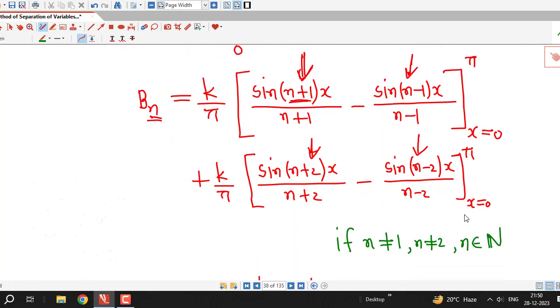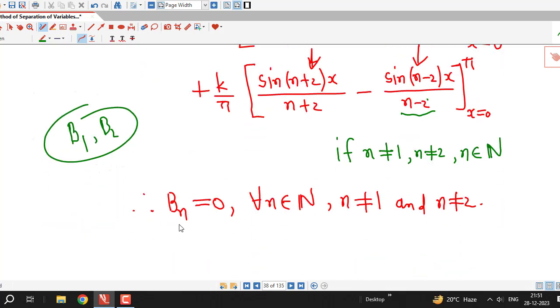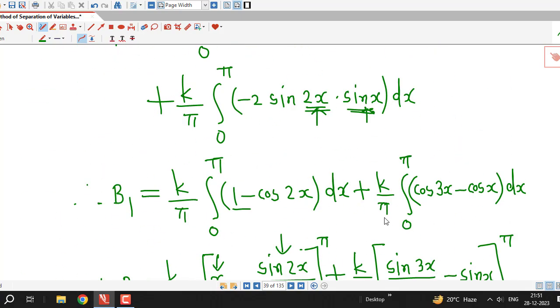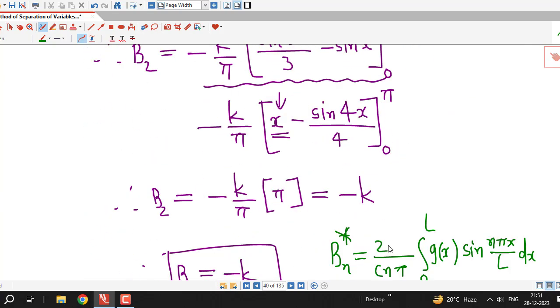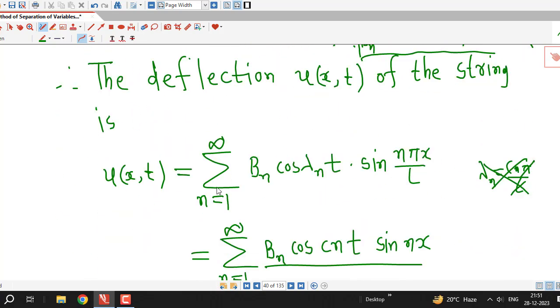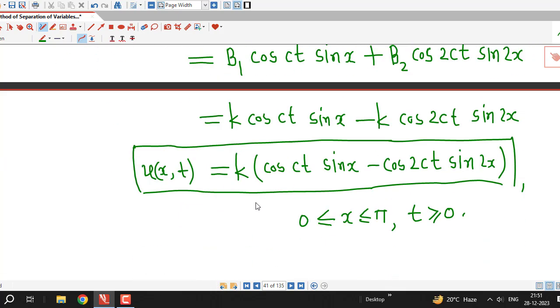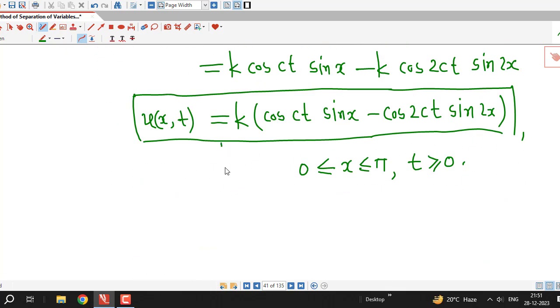The new thing is here we have to be careful that because I have n minus 1 and n minus 2 in the denominator, I have to calculate b1 and b2 separately, and other constants bn become 0, and for b1 and b2 we have calculated separately, and then we substitute them into the expression for the solution of the wave equation, and we derived the required deflection for the given problem.